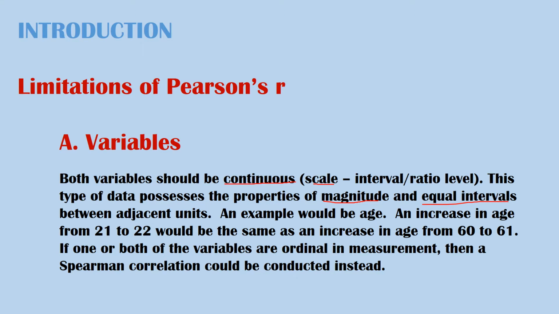An example of a scale variable is age. An increase in age from 21 to 22 would be the same as an increase in age from 60 to 61. This is what we call equal interval.